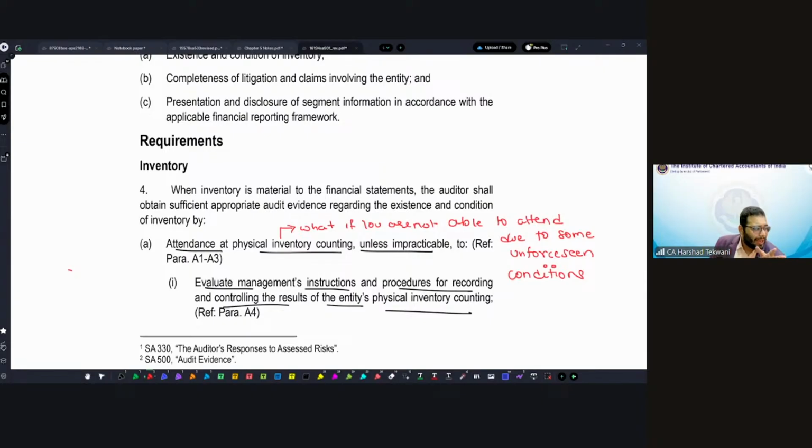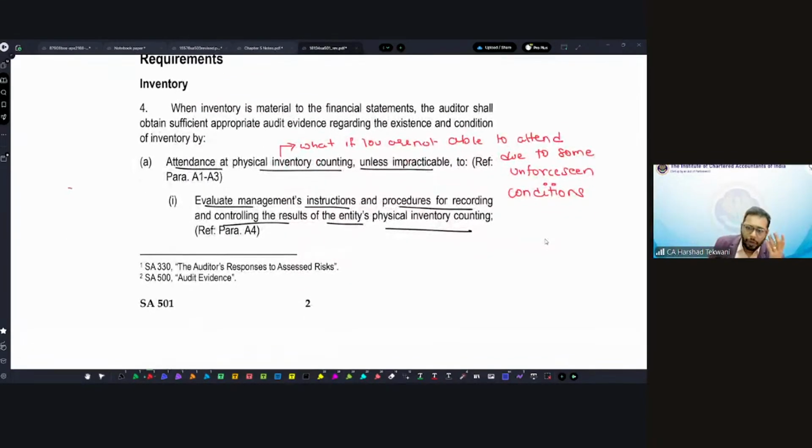Okay. I'll take this particular example. Now you said that because of unforeseen circumstances, let's say you are not able to attend, plus no other procedures can be performed, and without physical verification you cannot obtain sufficient and appropriate audit evidence.